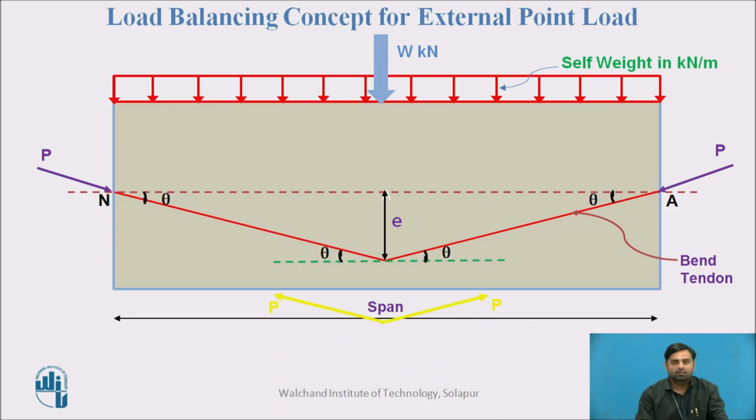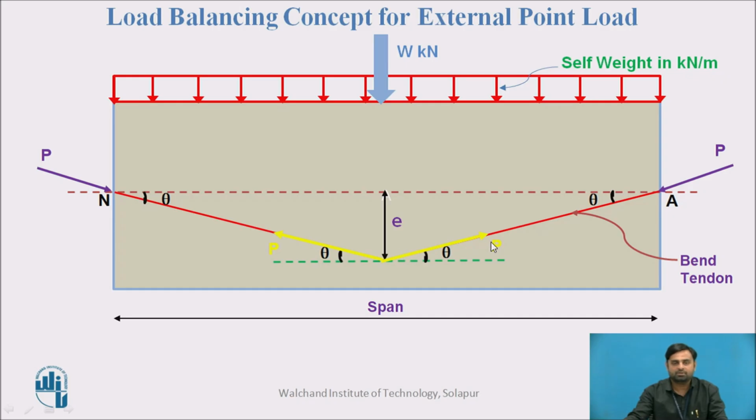Here you can see, the prestressing force is applied from this end, due to which an internal restoring force of equal magnitude is generated in the tendon, and that force is shown here in both the bend tendons.